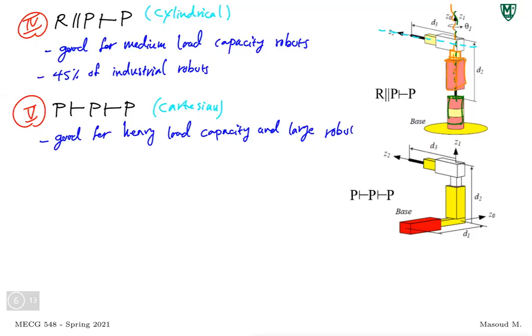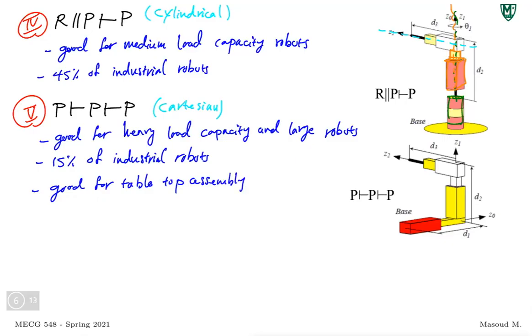Again, based on your book's numbers, 15% of industrial robots. And last thing I want to mention, they're good for tabletop assembly and transfer of cargo.